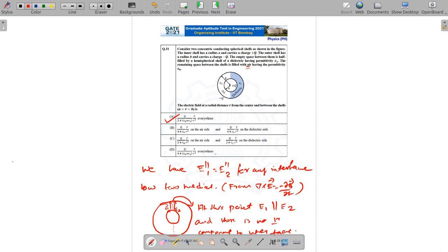If you have two media, medium 1 and medium 2, and an electric field passing through both media in space, then boundary conditions tell you how the perpendicular components and the parallel components are related: E1 perpendicular, E2 perpendicular, and E1 parallel and E2 parallel.